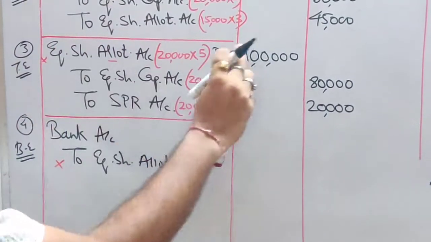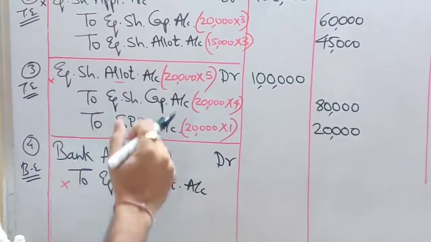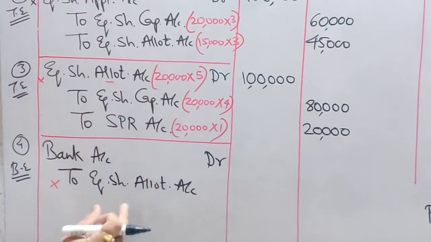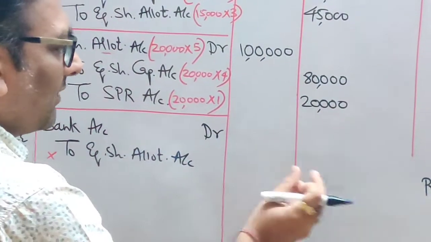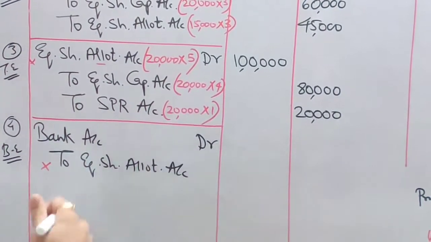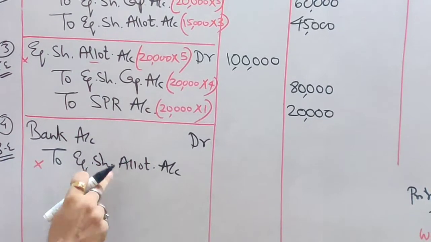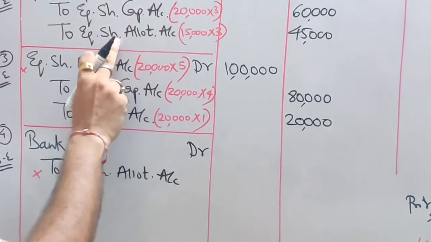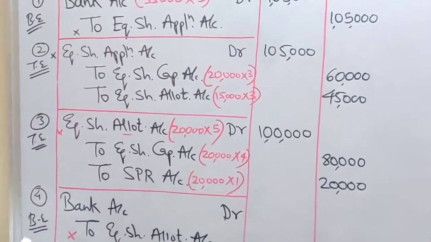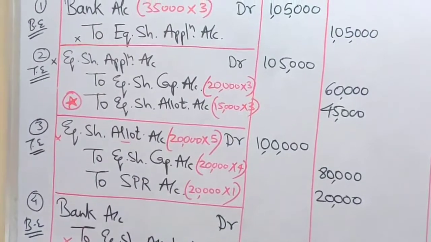It's a temporary account. I want to cancel this. Clear? So I have debited the allotment account with 1 lakh rupees. So how much should I credit here? 1 lakh. But I am not going to write 1 lakh. So pay attention to what amount I am going to write. Why am I saying no? Why not 1 lakh? Because if you pay attention, I have already written equity share allotment in entry number 2.